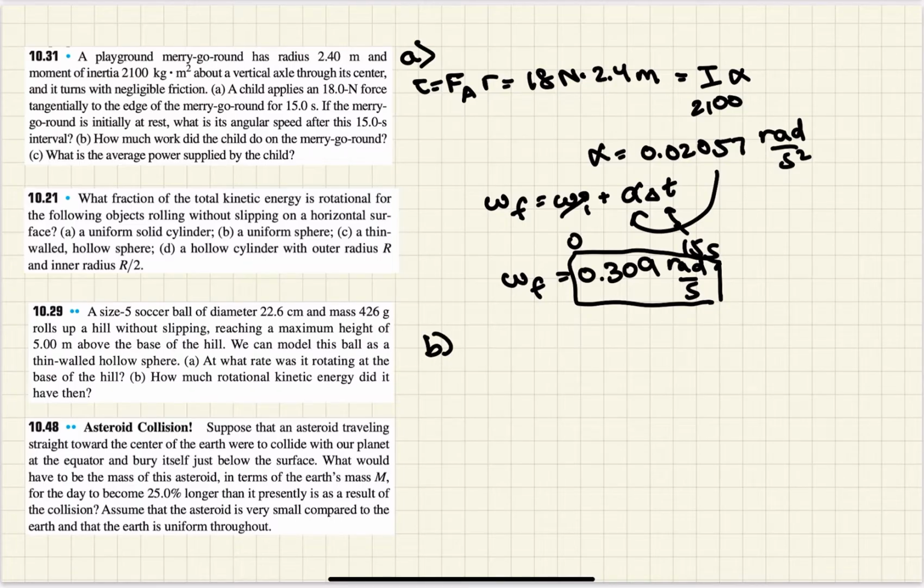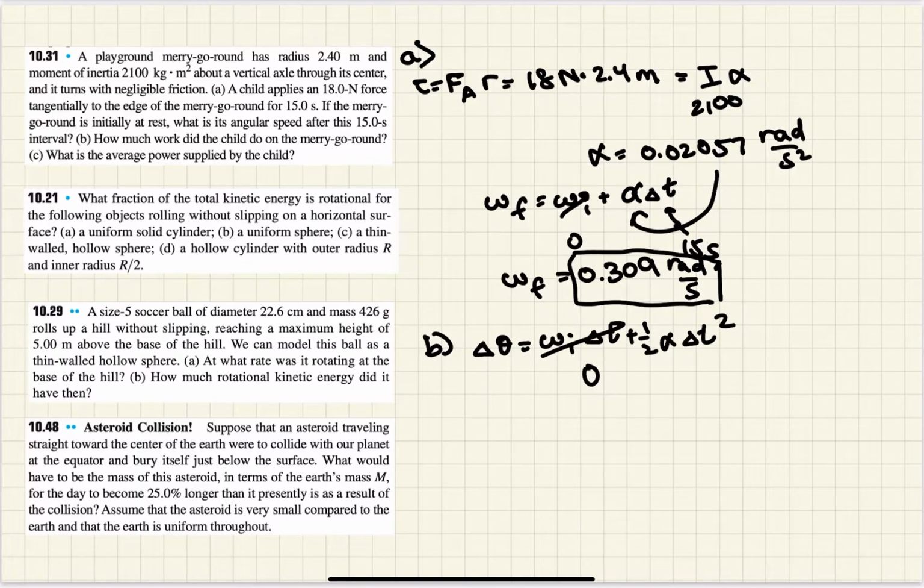For part B, how much work did the child do? Well, work is equal to torque times angular displacement. Now, first of all, torque is constant because it's a constant angular acceleration, but we don't know the angular displacement. We can find that using kinematic equations. Angular displacement is initial angular velocity times time plus 1/2 alpha delta t squared.